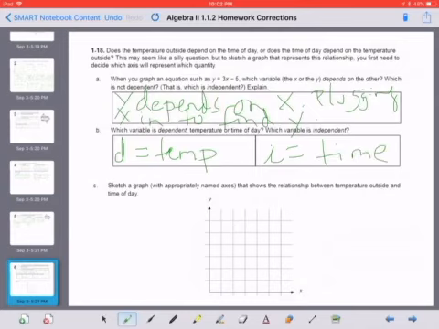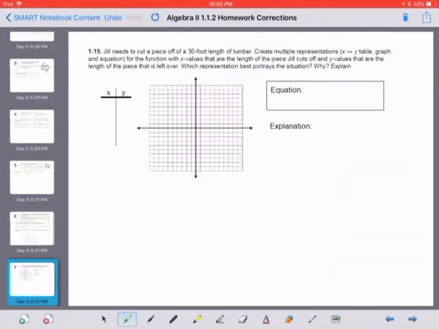If we were to sketch a graph of this, we would put the time down here, the temp off to the side, and I made my graph kind of look something like this, where the temperature is going kind of up and down. You could have made it a little straighter, but usually there's ups and downs in the temperature throughout the day. The next problem says, Jill needs to cut a piece off of a 30-foot length of lumber.